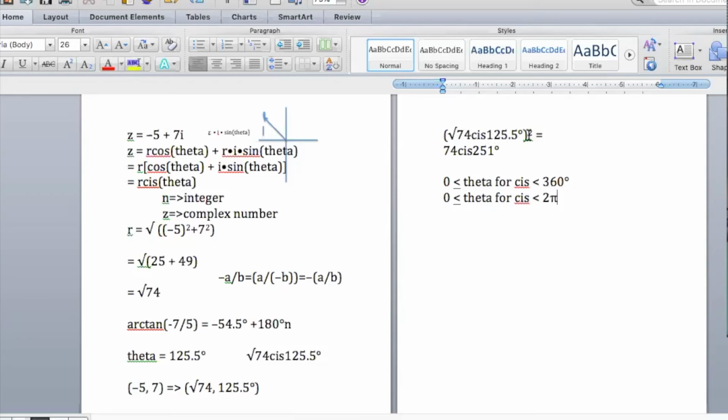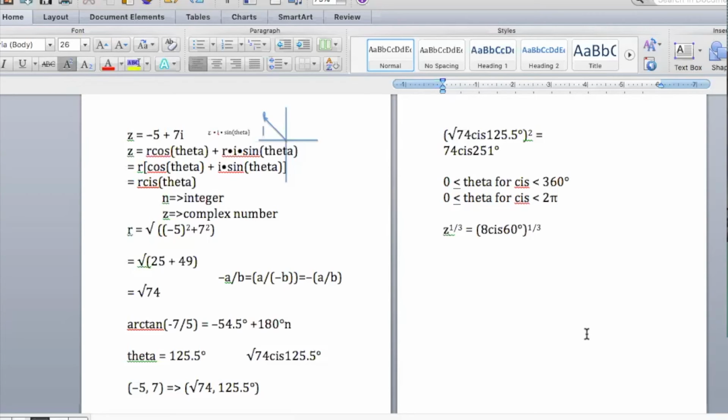So then if it was cubed, we'd do the cube of the square root of 74, and multiply the argument by 3. This would be 74 times the square root of 74 cis 376.5. Coming into this, 376.5 would not be the right answer because it's bigger than 360, so I would have to call it 16.5 degrees.